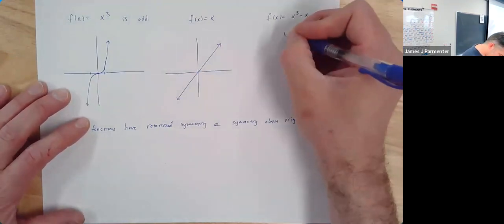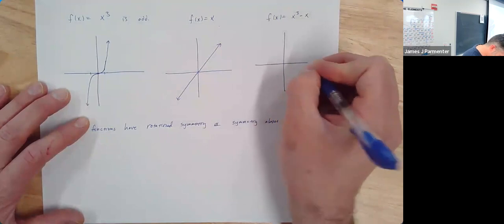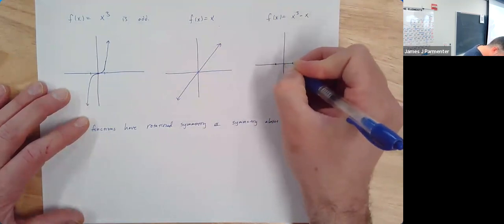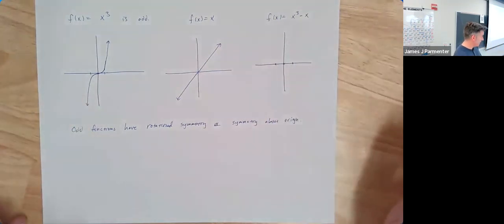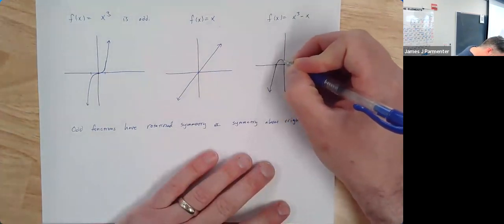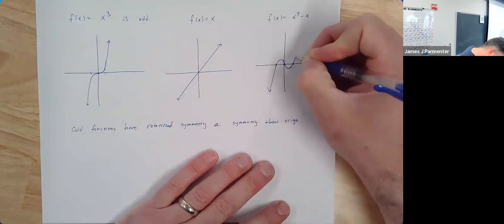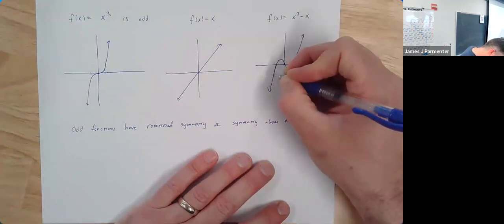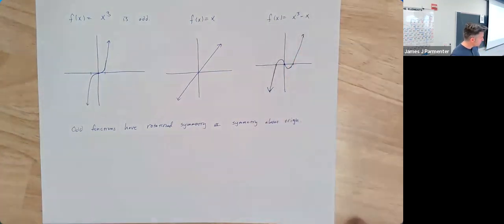That one just has a little more flavor to it. It's got intercepts at 1, 0, and negative 1, and it looks kind of like this. I feel like it just better shows off the oddness.